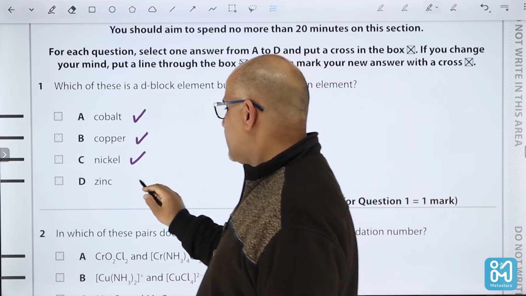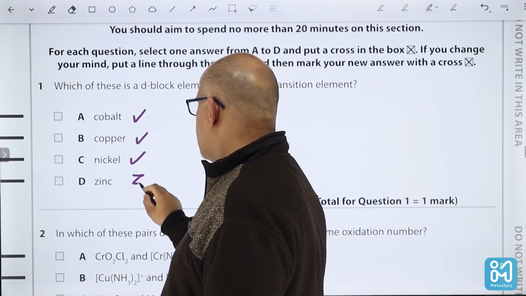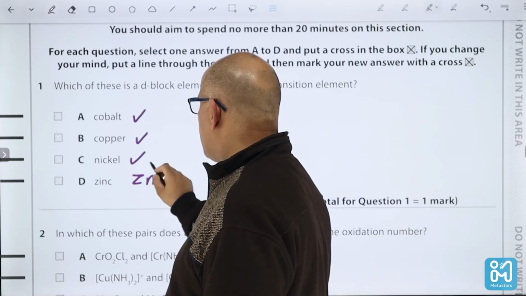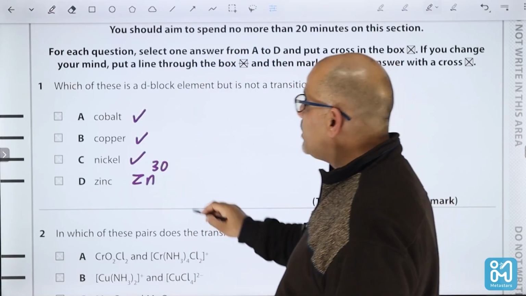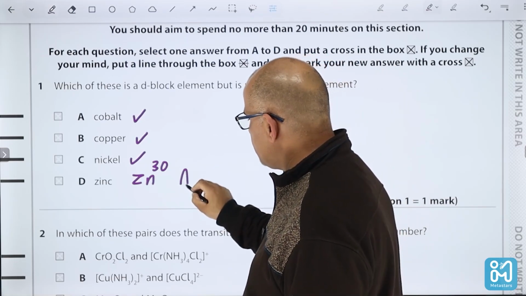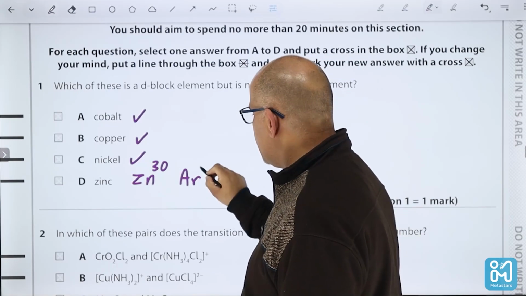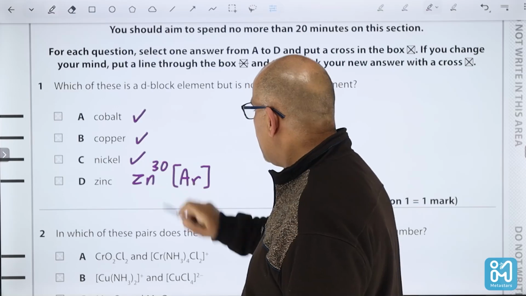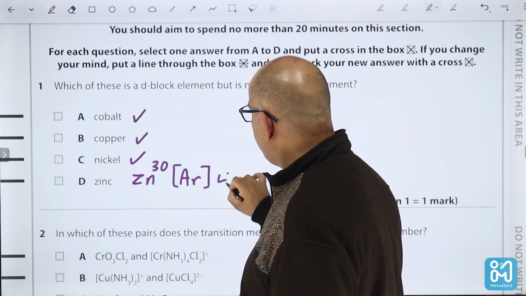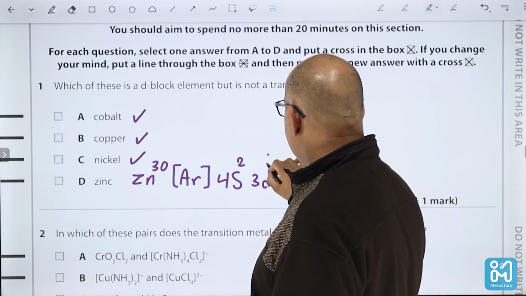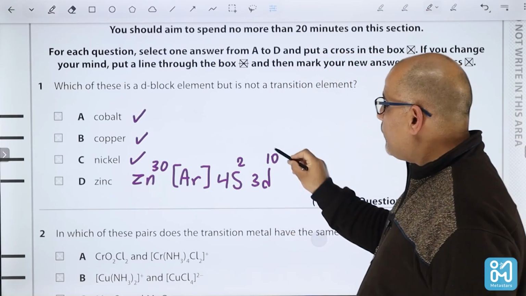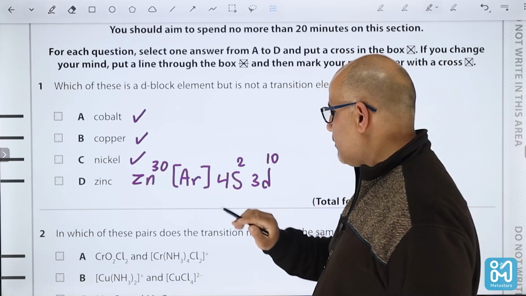But zinc has atomic number 30. Using the abbreviation method, it's argon, and then we have 4s2, 3d10.